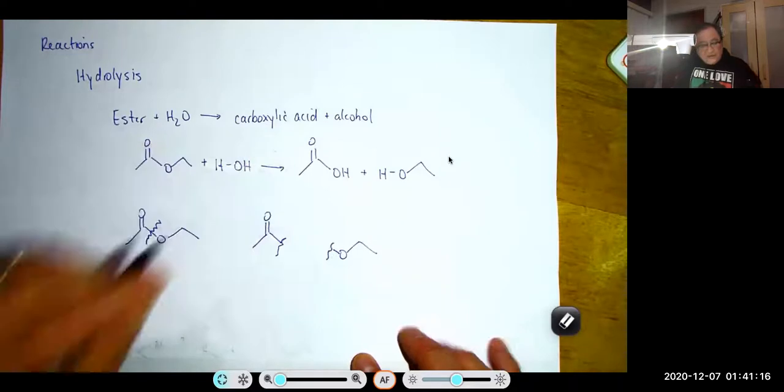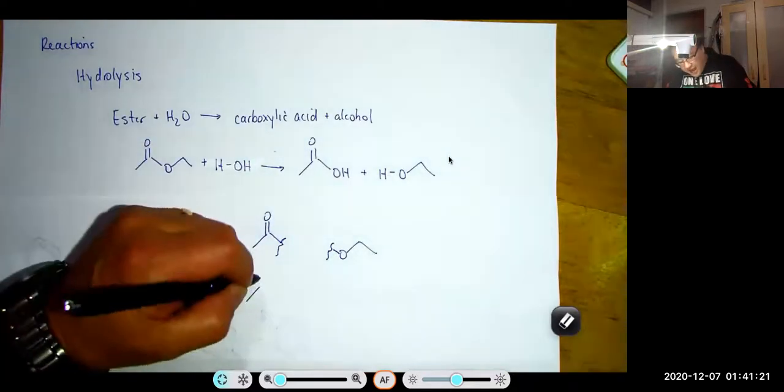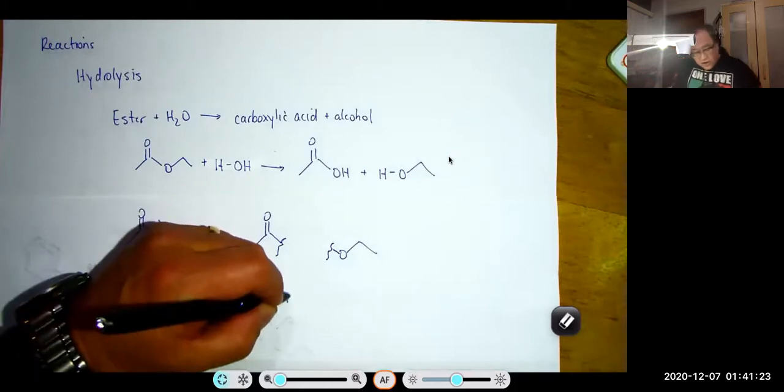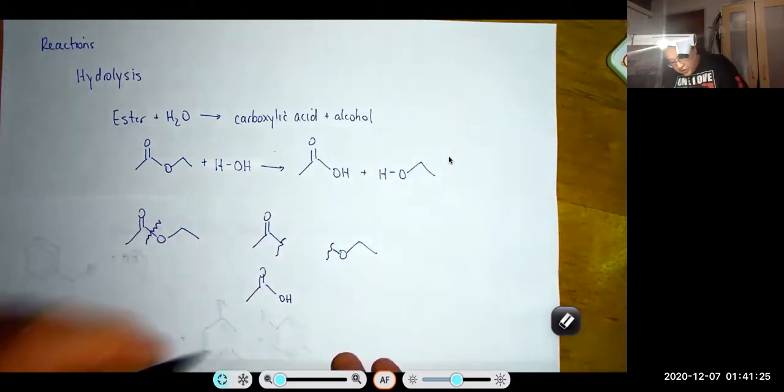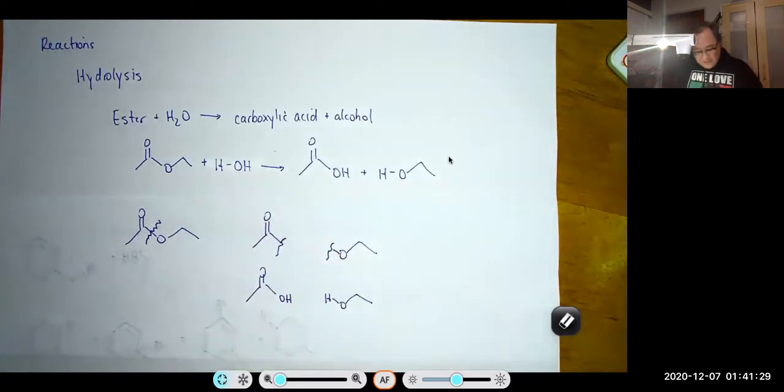So here you can see I've separated the two. And you always add the OH to the carbonyl, and you always add the H to the other side, and that's how you get your product. It's the same for the amide.